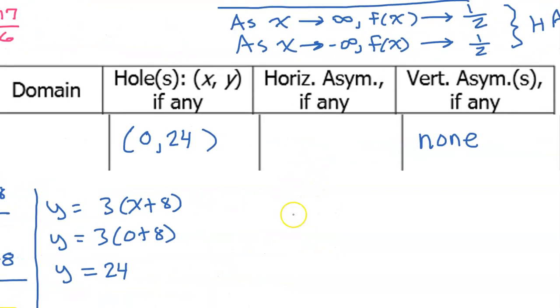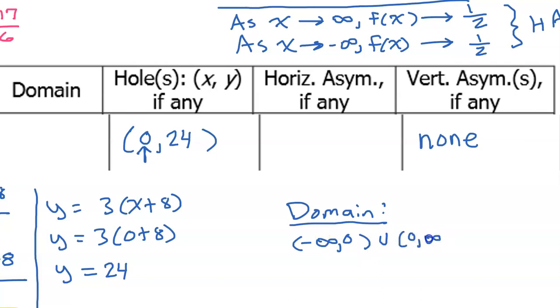So if I wanted to say the domain in interval notation, I just have to skip over this 0. So it would be negative infinity to 0, union 0 to infinity. But a shorter way to say it would be x cannot equal 0.